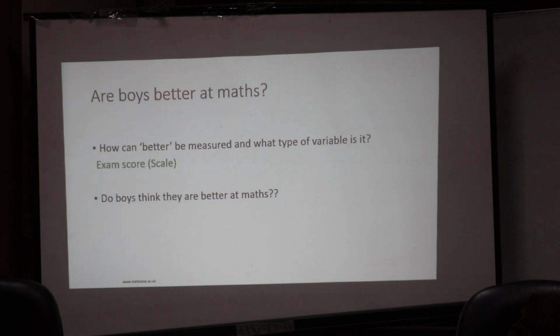This is the good thing: when I give you the questions, you need to guess or expect which kind of test. When I ask you which kind of test, if we need to measure the relationship between the passing rate, like pass or fail, and the gender, which kind of test? Chi-square. So you will be able to choose if I need to measure the relationship between factors influencing the midterm exam scores.